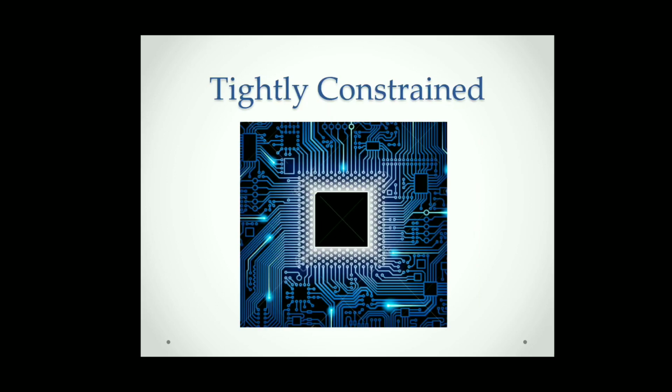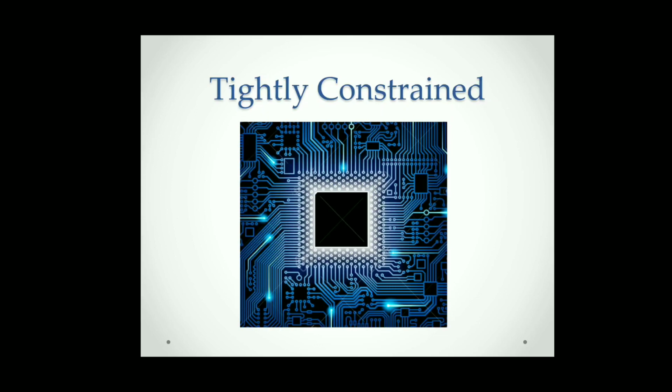The next one is tightly constrained. Yes, of course, if you see the overall space or overall memory of your embedded system, it would be around 1 MB or 2 MB or maybe less than that. The reason is, if you make it with more space, then obviously the power consumption will be more, the area of the architecture will be more, so everything goes higher.